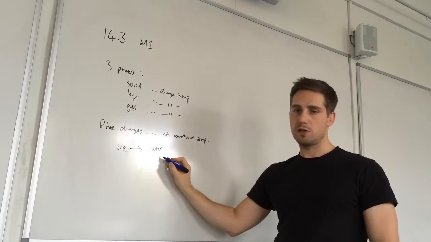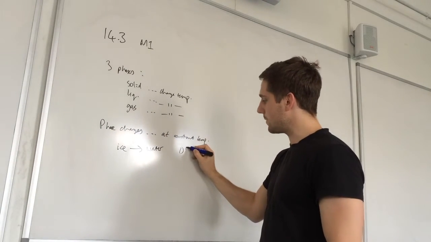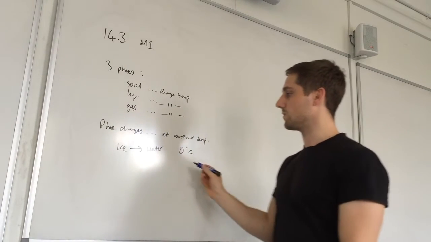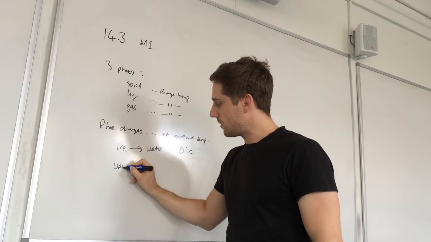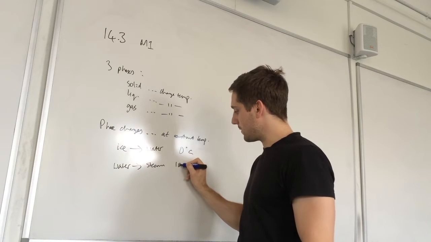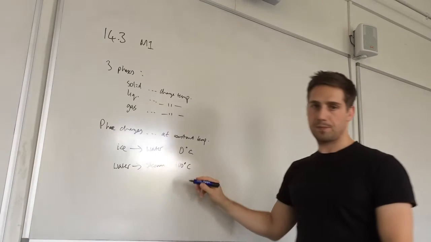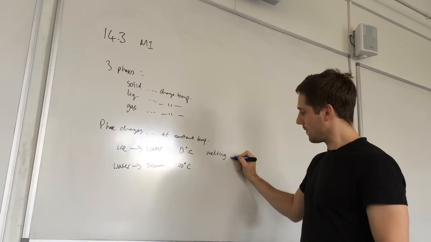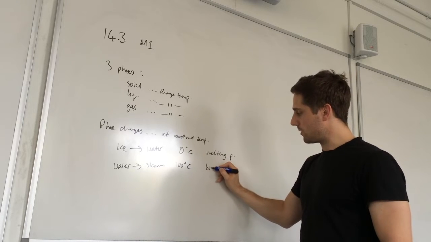It's going from solid to liquid, and that happens at 0 degrees C. And we're going to need that for the calculations. And when water changes to steam, that takes place at 100 degrees C. So this is the melting point, and this is the boiling point.